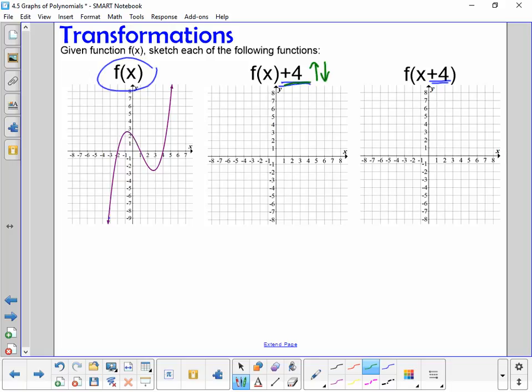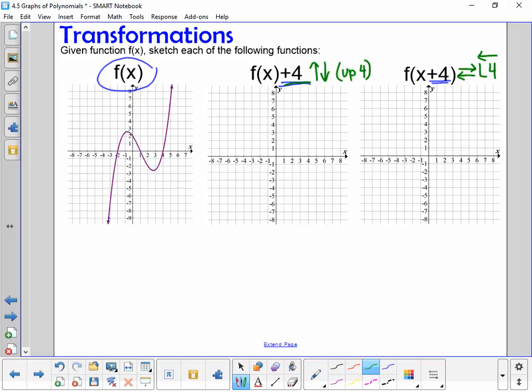It will move it either up or down. In this case, it's going to go up 4. And if it is with the x, that translation is happening in the x direction, so that's left to right. In this case, since it's an x plus 4, it will move to the left 4. So put the arrow there, left 4.